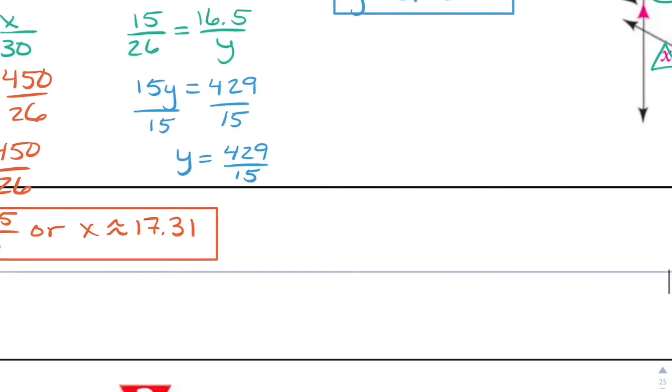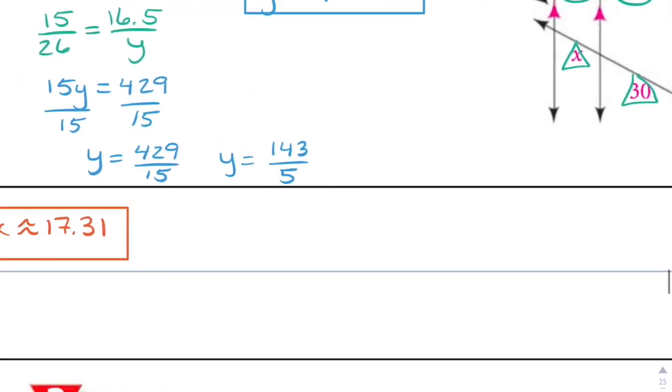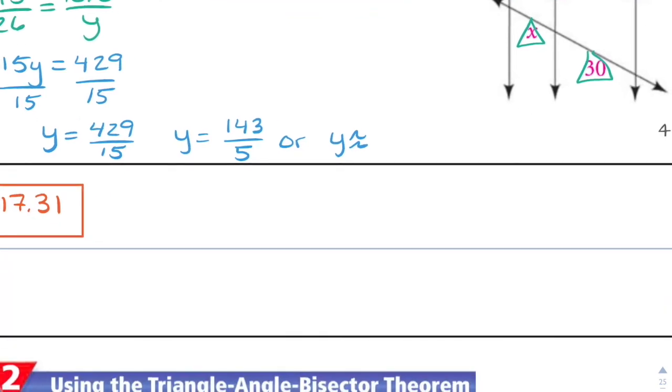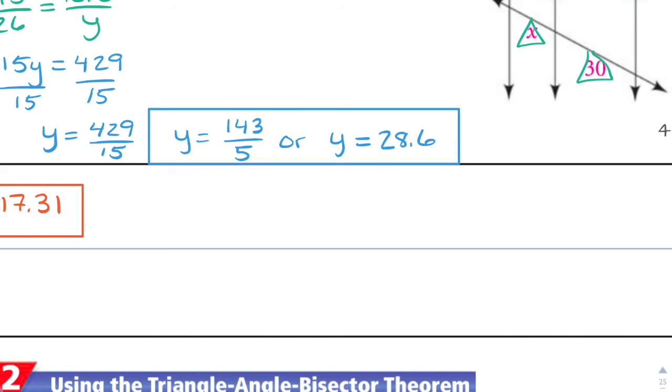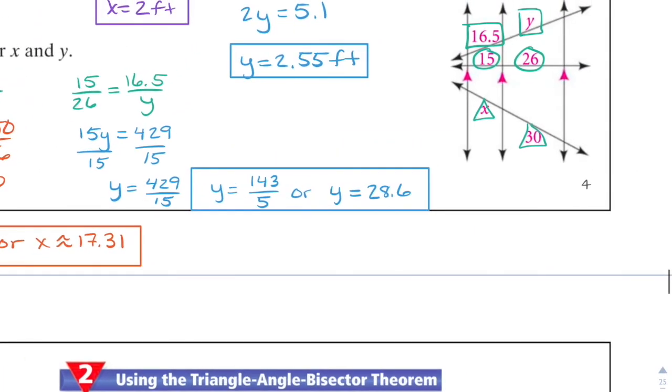So y equals 143. 429 divided by 3 is 143, and 15 divided by 3 is 5. So we're going to say 143 fifths, which equals exactly 28.6. And there we are. So again, 28.6 is just a little bit greater than 26.